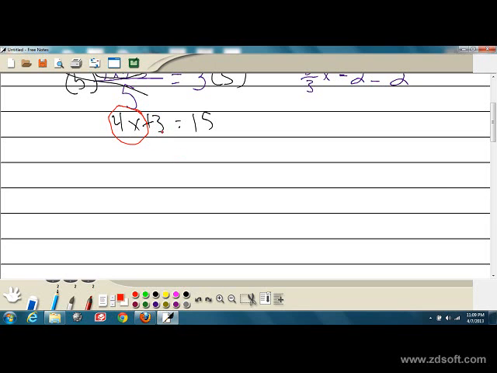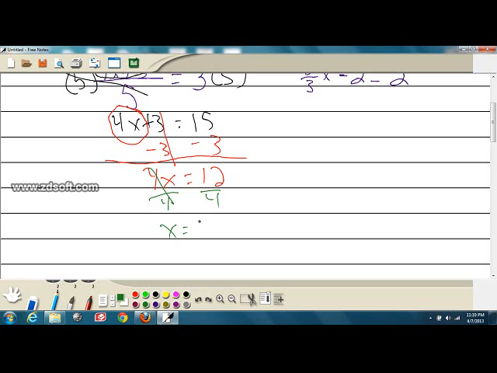So we need to get rid of the plus 3. What's the opposite of plus 3? Minus 3. So you have 4x is equal to 12. Now you have to divide by 4, so you have x is equal to 3.